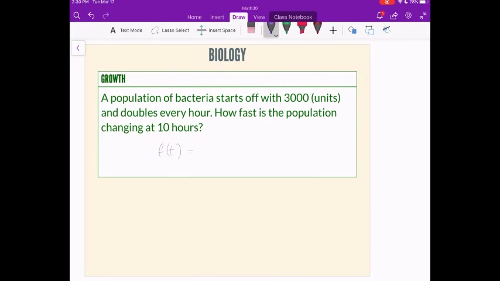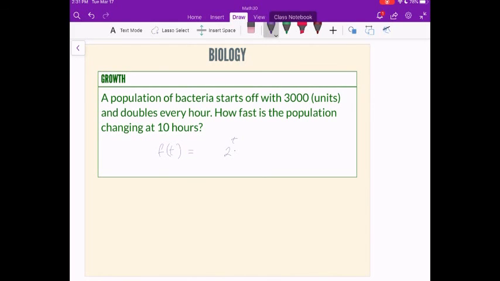F of t, if it's doubling every hour, that means every time we have a new hour, we need to multiply by 2. But since we're talking about doubling every hour, that means this is an exponential function with 2 as the base.